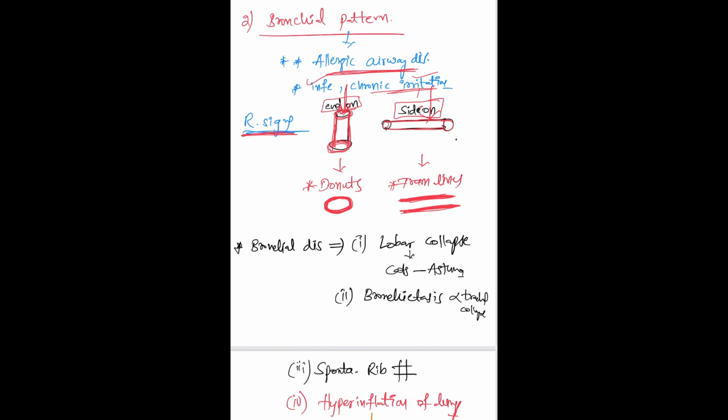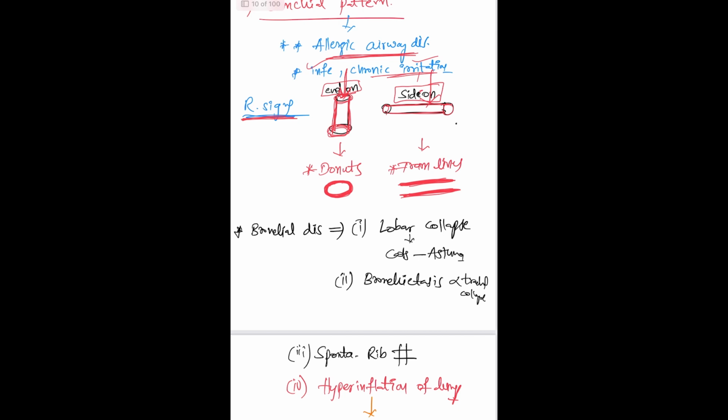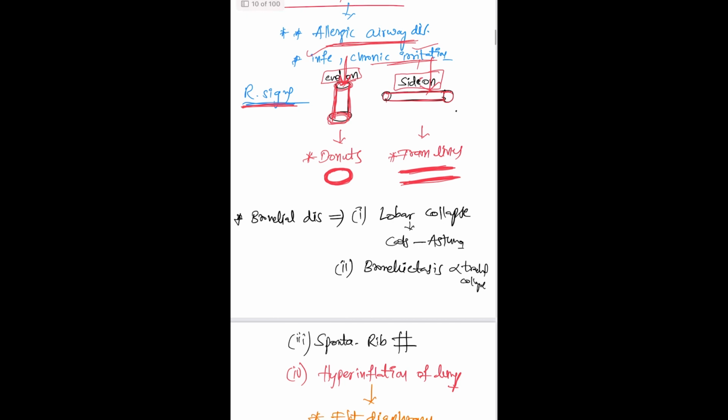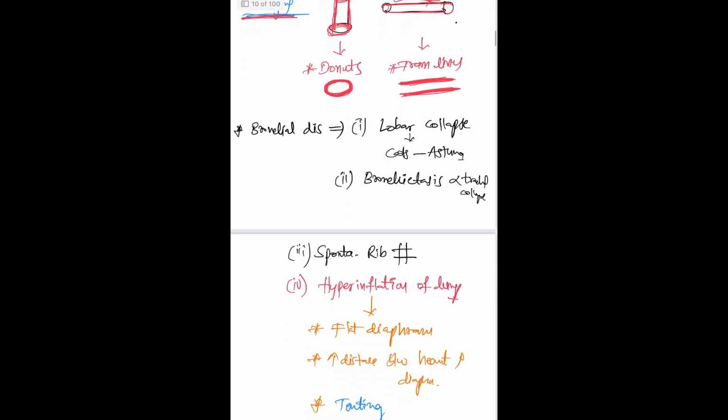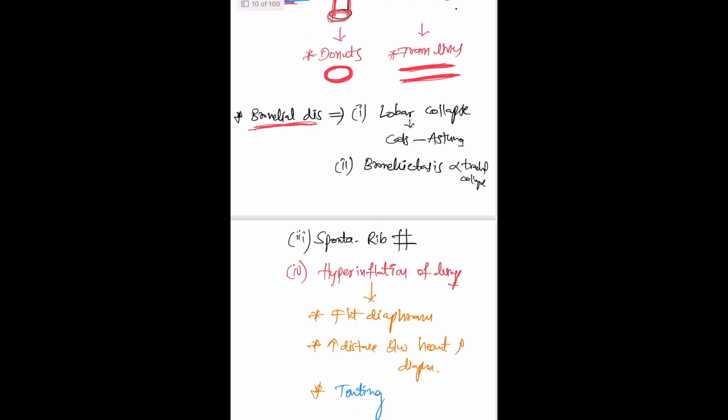Side-on projection gives the tram lines and end-on projection gives the donuts. So radiographically, if we see donuts and tram lines, then we can consider the animal might have a bronchial pattern.